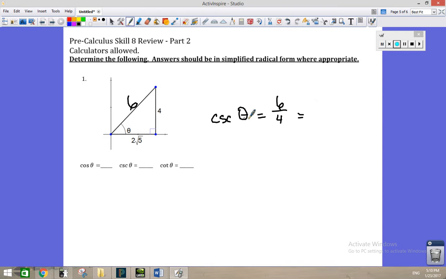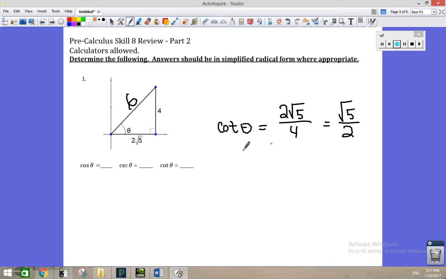Those are both even numbers, so it's 3 over 2. That's my answer for cosecant. For cotangent, it's the adjacent leg over the opposite leg, 2 radical 5 over 4, and that reduces to radical 5 over 2. So those are my three answers for problem 1.